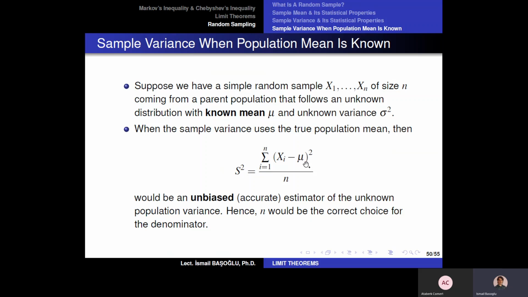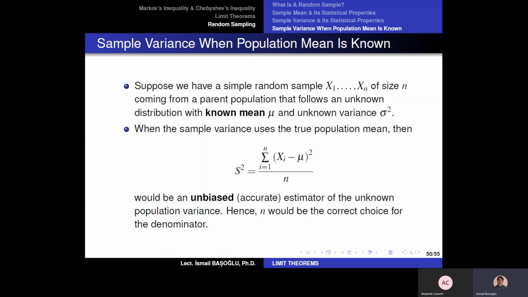Why should I use the sample mean? Because I know the parent population mean. Because of that, we can calculate the sum of squared deviations by using the true parent population mean. However, this time you do not divide by n minus 1. This time you should divide by n, because you are not telling a lie anymore. You are not going to be punished.